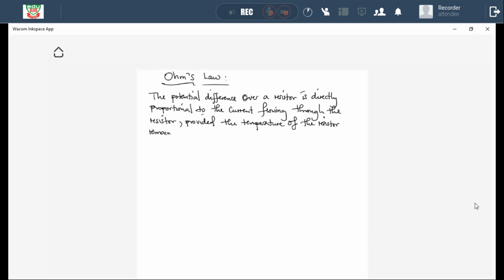So in other words, we are saying the Ohm's law is only correct when the temperature of the resistor remains constant.